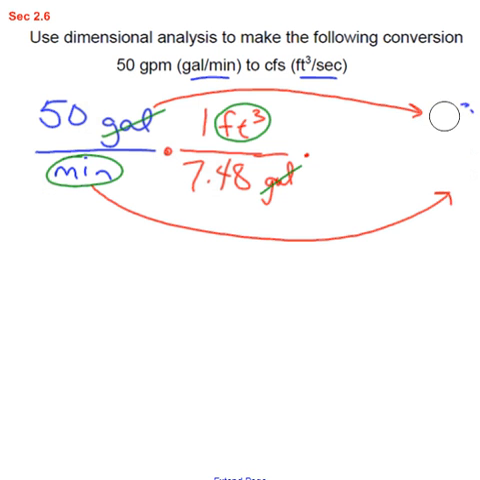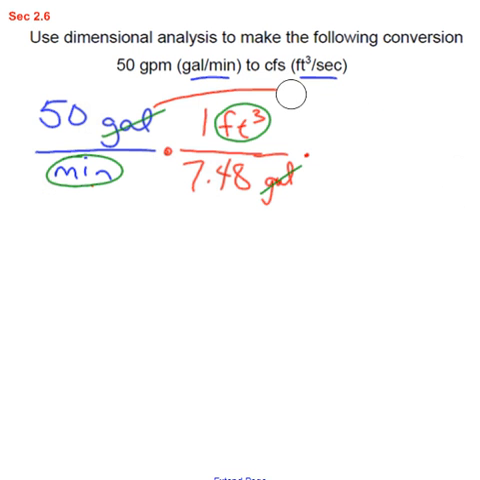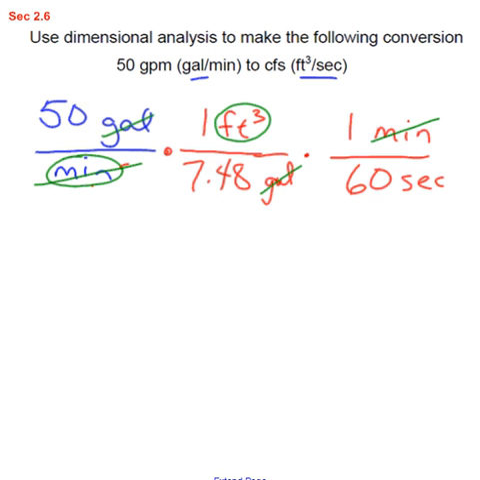So we go from minutes to seconds. We know that there's 60 seconds in 1 minute. The minutes are on the bottom over here, so I want them on the top over here, so they'll cancel. So this minute cancels this minute, and now I have cubic feet per second.